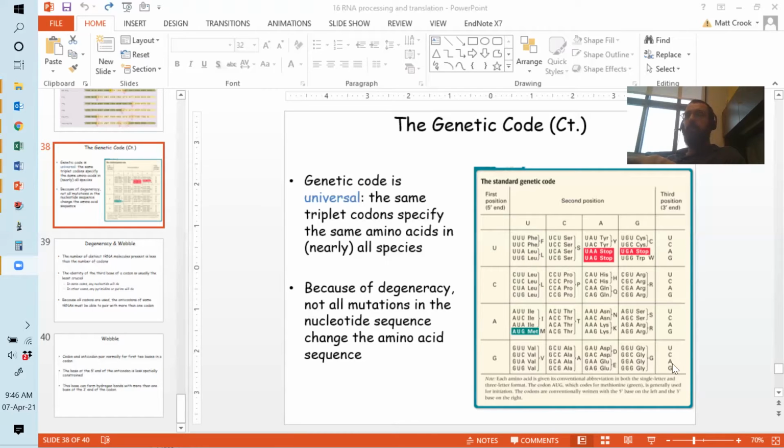But for ones where the first 2 bases are the same for all the codons that encode that amino acid, the third base generally doesn't matter. So a tRNA doesn't have to be specific for glycine. All it has to do is recognize GG, and that's it. The rest doesn't matter for glycine.